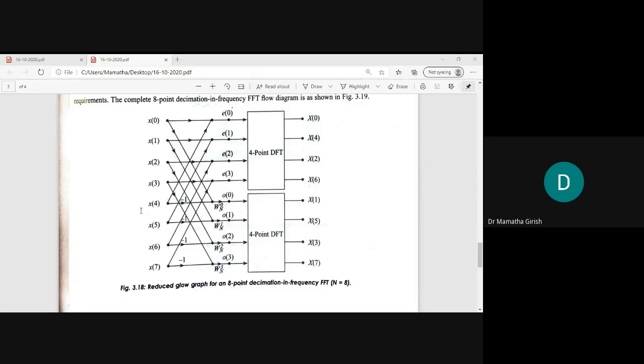So these are the input samples in the time domain. The corresponding intermediate frequency samples, where I'm going to get the 4-point DFT for its even index samples, and the 4-point DFT for its corresponding odd index samples. Please note that the twiddle factors are there only for the lower terms, because by the butterfly structure, the upper terms output do not carry the twiddle factor term.